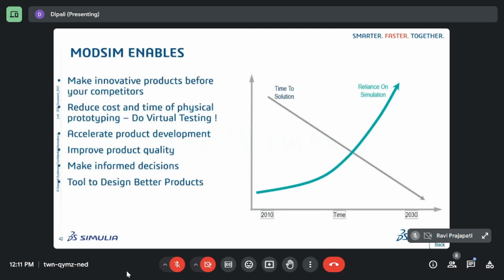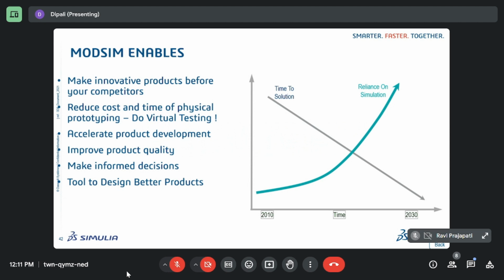With the help of MODSIM, innovation can be increased and the time for solution is drastically decreased. As you can see, nowadays we are living in a very competitive world, so the product life cycle is tremendously decreased.